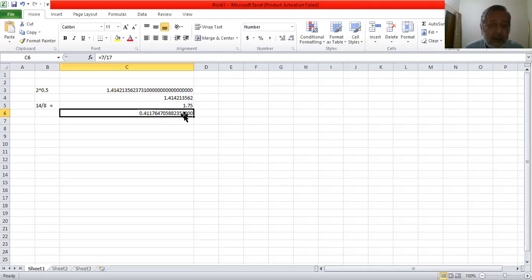Precision is only up to 16 digits, and I have divided it by 17. That is a problem. If instead of 17, I consider 13, now look at the pattern. Starting from 5, 3, 8, it repeats 5, 3, 8. So how many digits is the pattern? 3 and 3, 6 and 3, 9, 3 more, 12. Dividing by 13 gave a pattern of 12 digits.